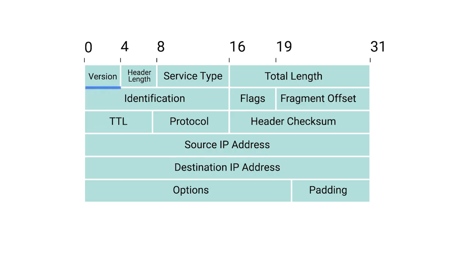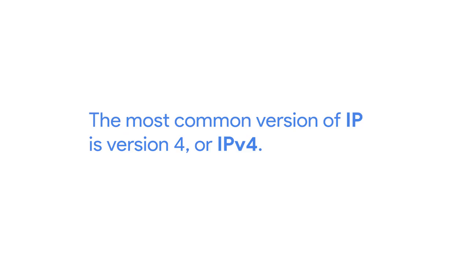The very first field is 4 bits and indicates what version of Internet Protocol is being used. The most common version of IP is version 4, or IPv4. Version 6, or IPv6, is rapidly seeing more widespread adoption, but we'll cover that in a later module.